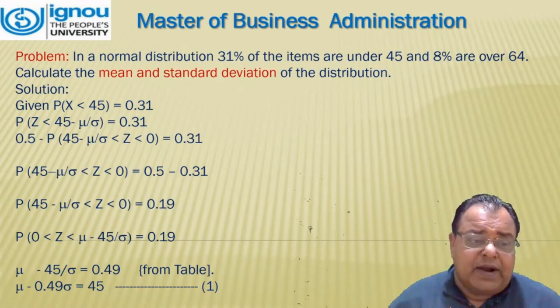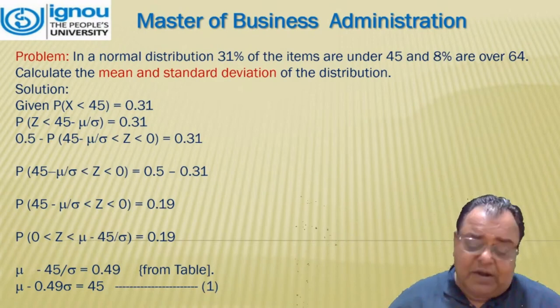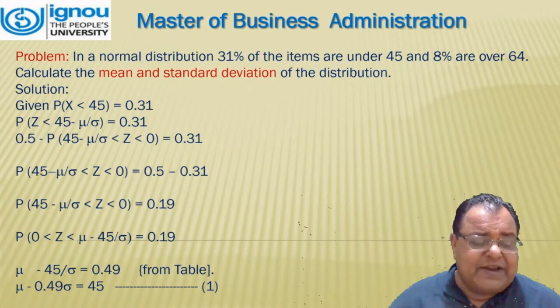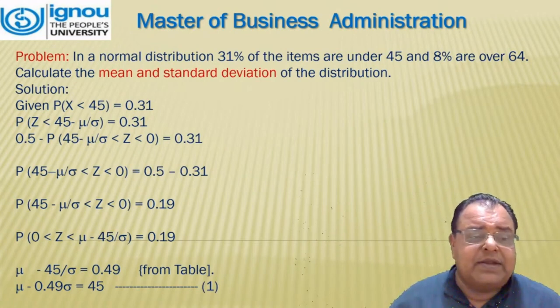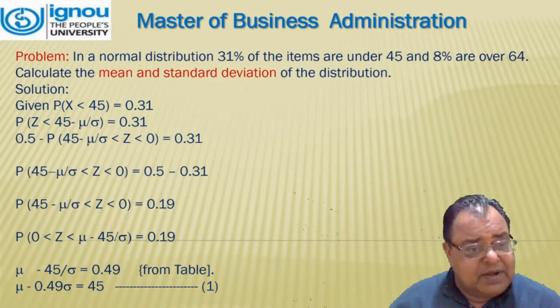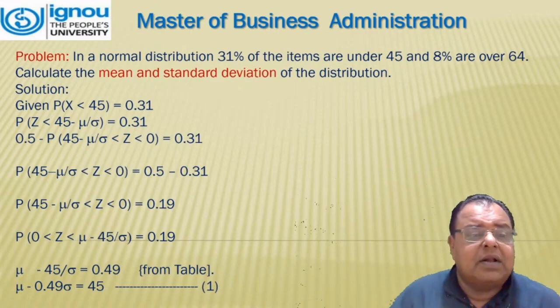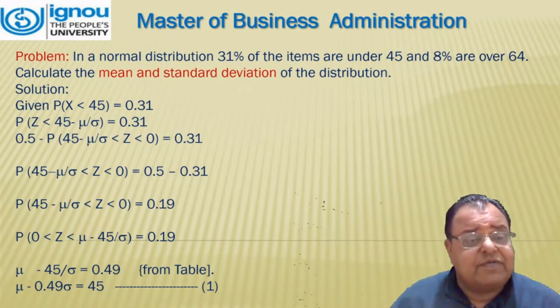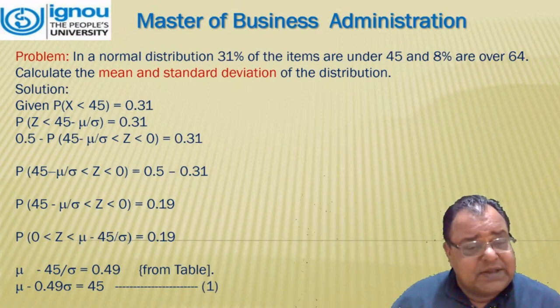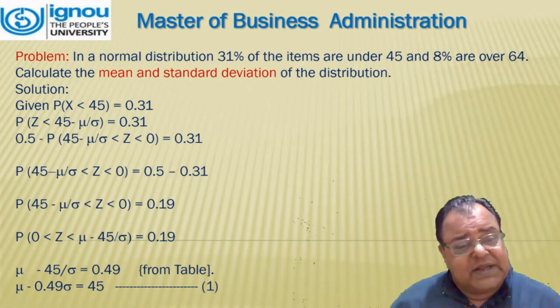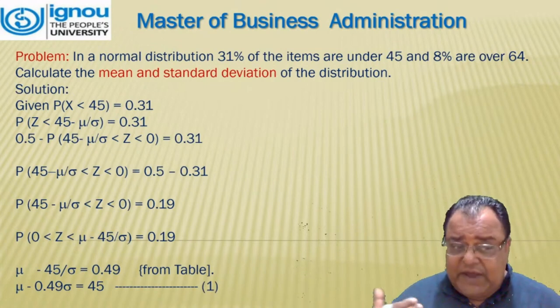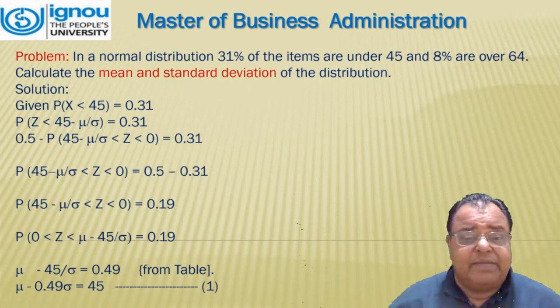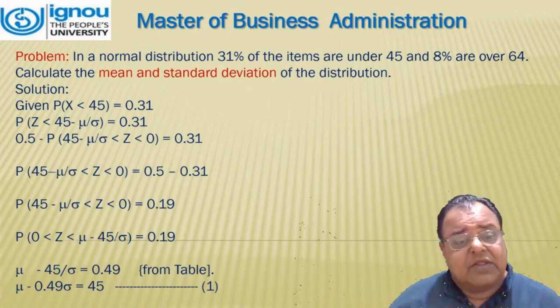Now, converting this into your Z variate form. Probability Z less than (45 minus mu) upon sigma. Since we are not aware of the value of mu and sigma, we will just solve this because we have the probability as 0.31.